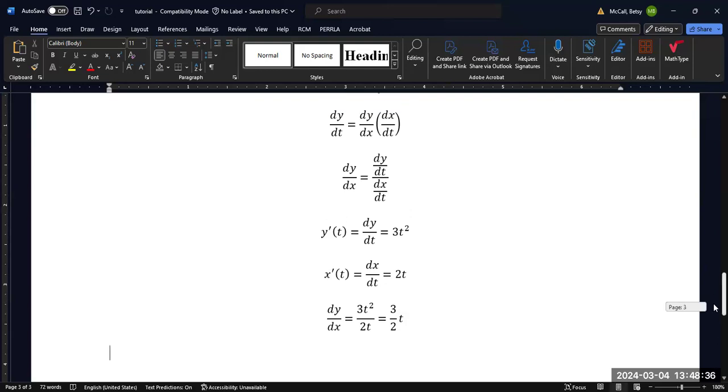Now, the second derivative is going to start here with the first derivative, but of course, we have this essentially chain rule going on.